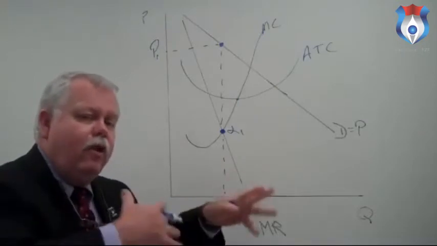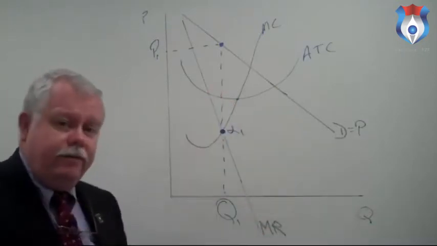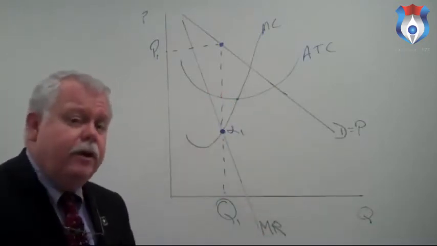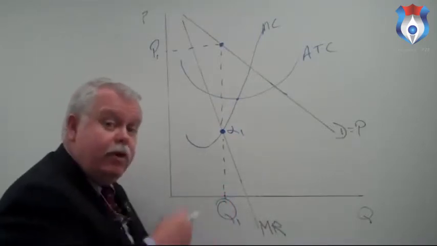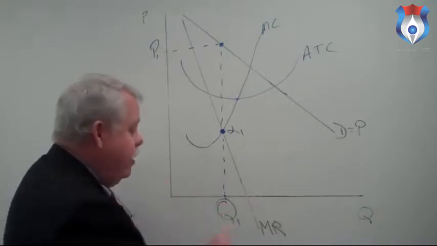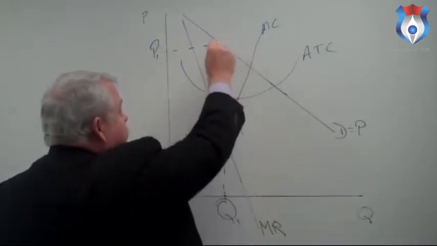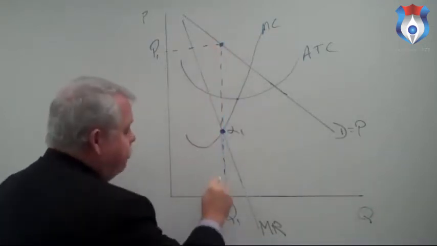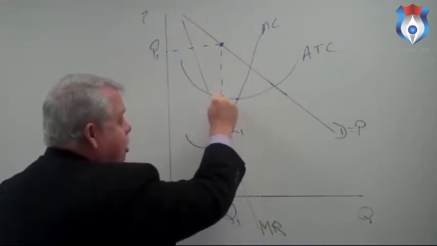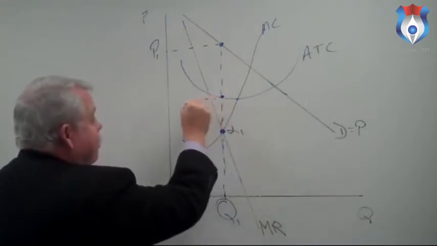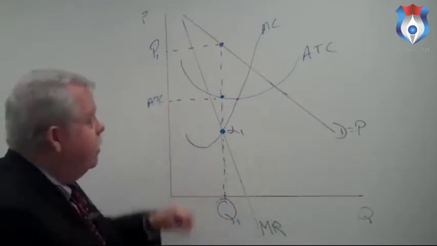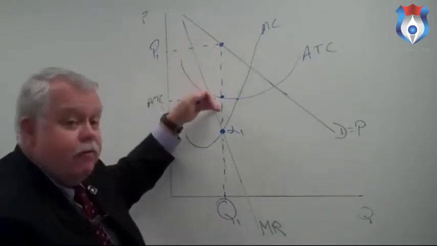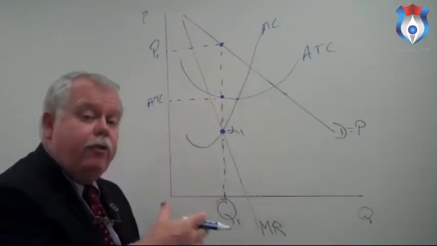And we'll move into the long run in a minute, but what's going on here? How's this company doing? And the answer is, at this quantity of output, now we do the profit thing, right? Total profit. We read up, and we say, there's the price. We also read up to the average total cost curve and say, oh, this is the average total cost for producing that many units. And so the difference between price and average total cost is either the profit or the loss.